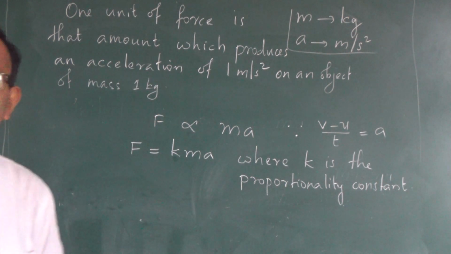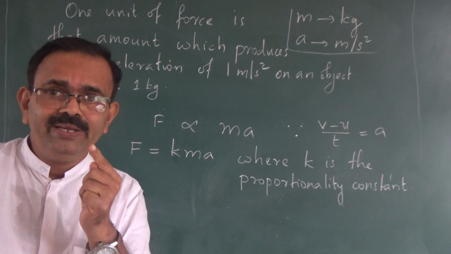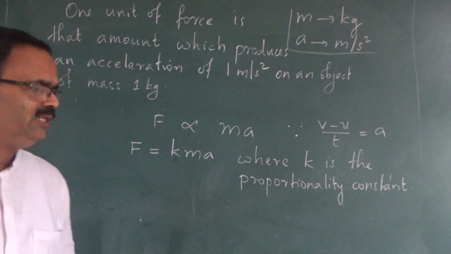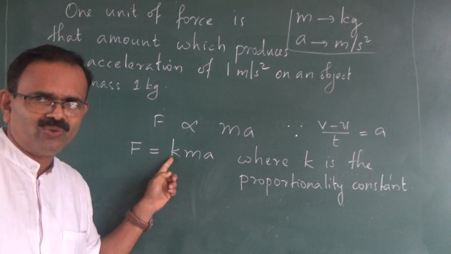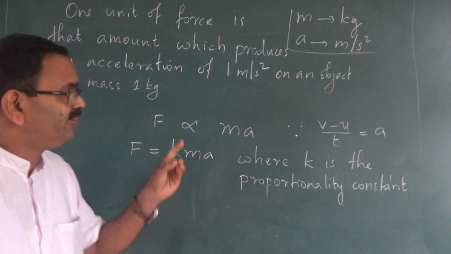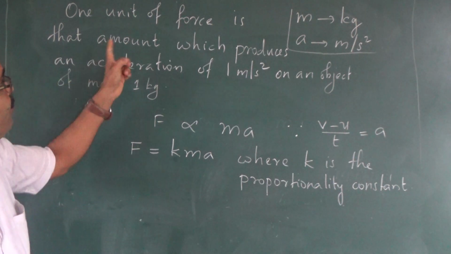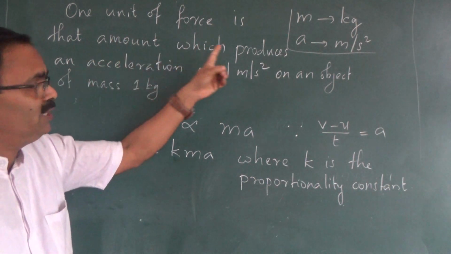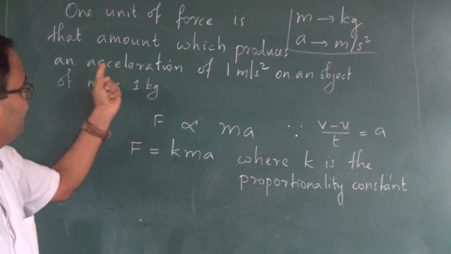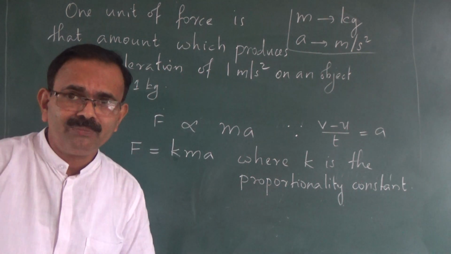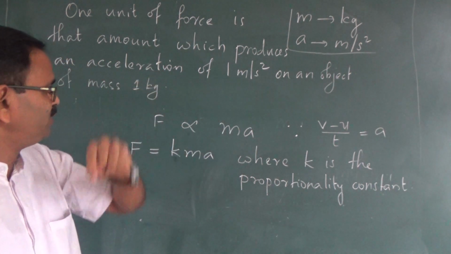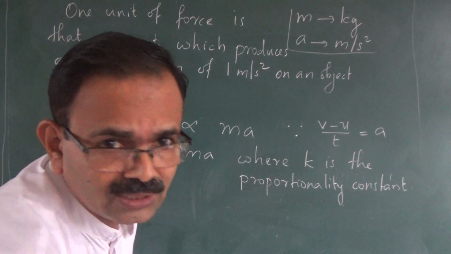What is 1 unit of force? 1 unit of force is that amount which produces an acceleration of 1 meter per second square on an object of mass 1 kg. Okay?